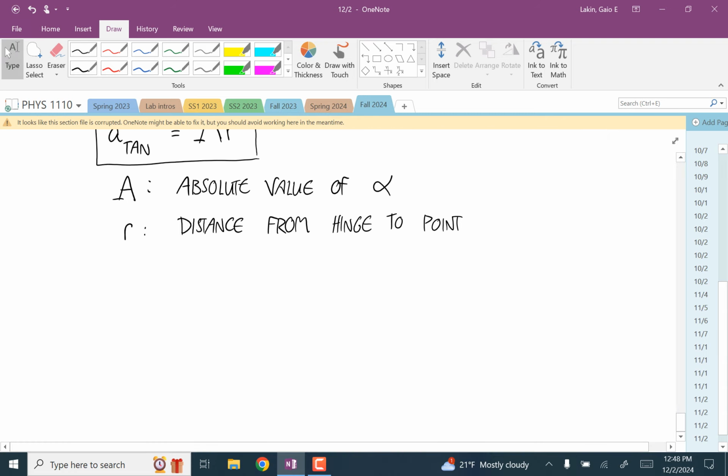Okay, so let's do the same thing we did before. Do an example problem where we're going to come up with tangential accelerations of different points.